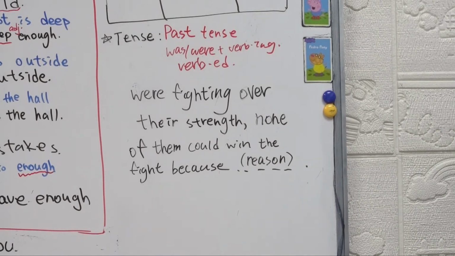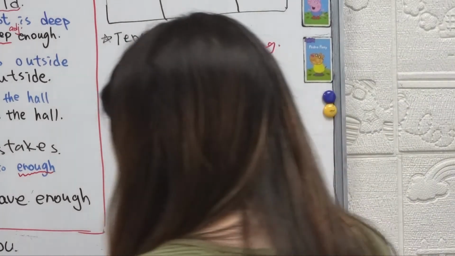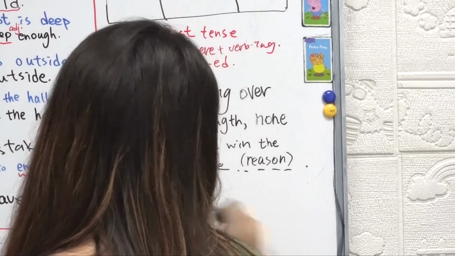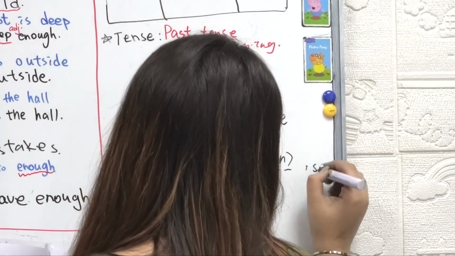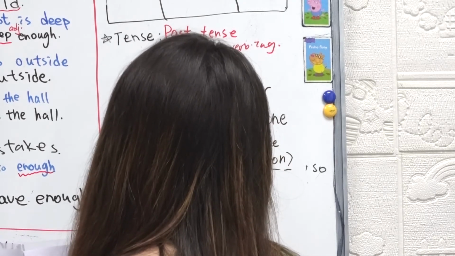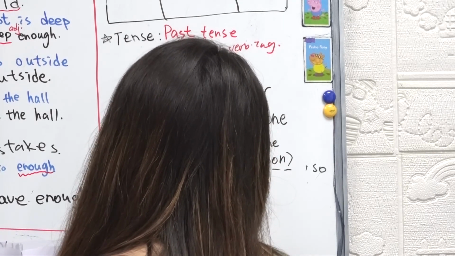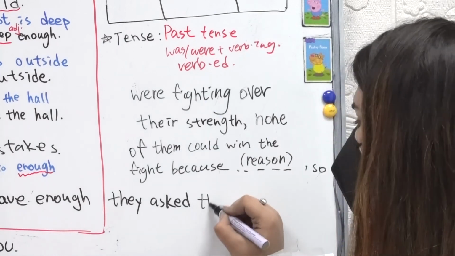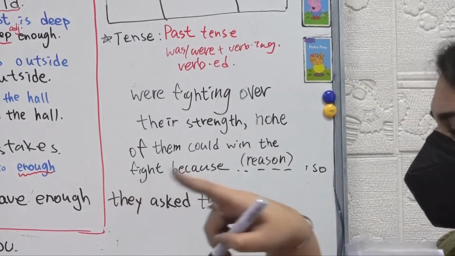And then, what happened in picture 2? What did they do to find out who is stronger? He finds the old owl. Yes. So they asked the... You may use wise owl, just like in the video.